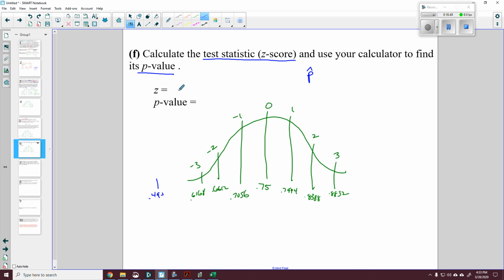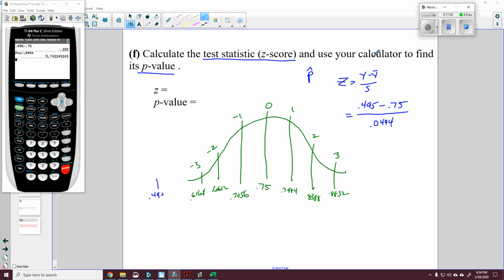So our test statistic, z equals y minus y bar over s. Our y, our actual statistic, is 0.495. Then I'm subtracting the mean, which Grandpa said is 0.750, and dividing that by our standard deviation of 0.0444.